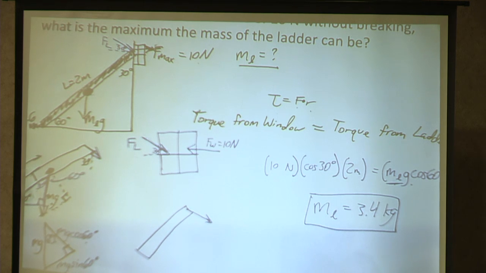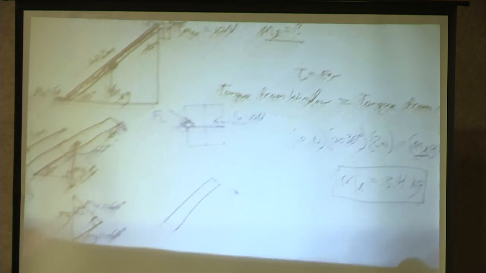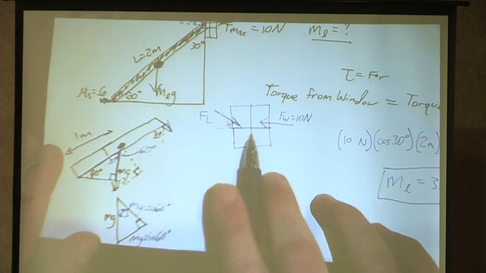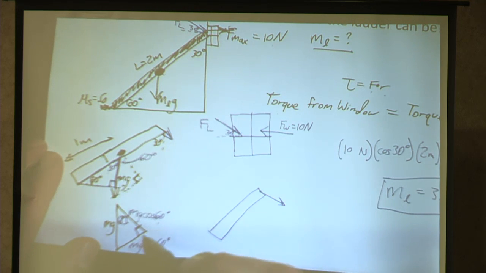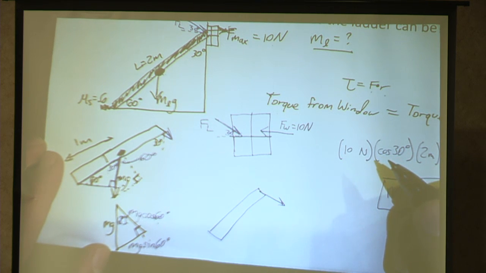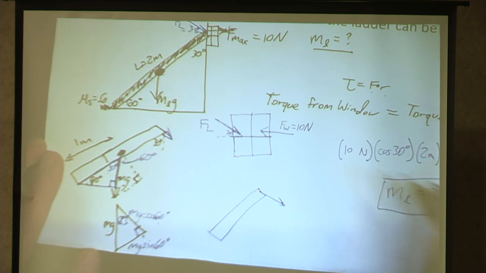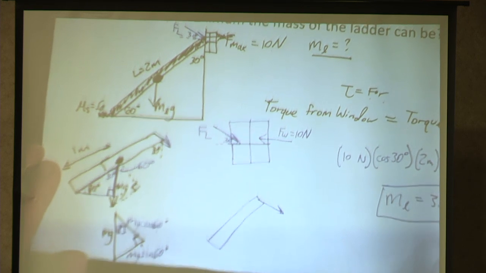So the force of the ladder, that's from the weight of the ladder. Okay? So, so that's kind of down here. Sorry, I think I mixed up an FL and an FW at some point.